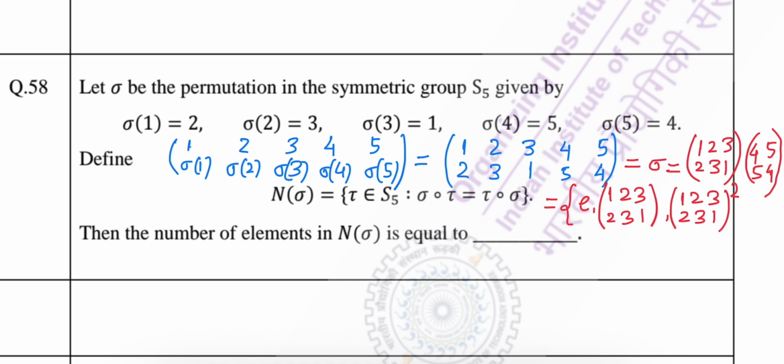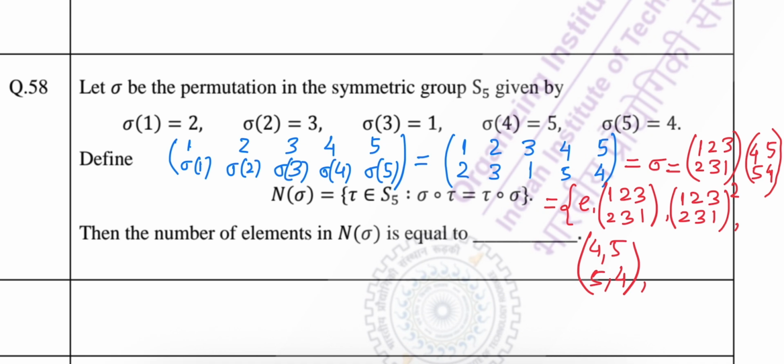Now we have taken the powers of this part. Now we will take the power of the other cycle, that is this one, 4 5. So what will be the next element? The next element will be 4 5 5 4 itself, okay.